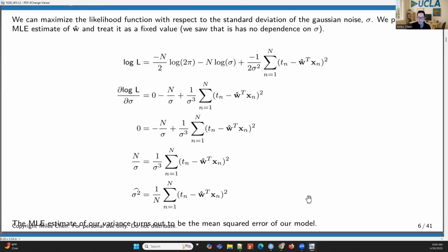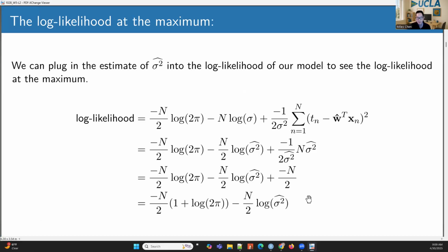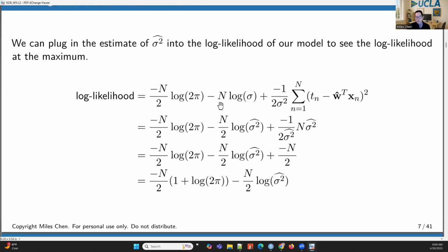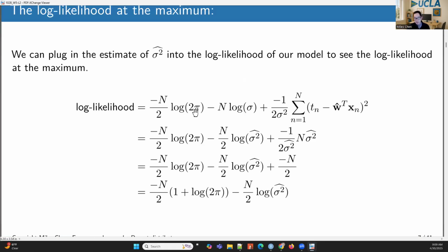Then what we can do is plug our estimate of sigma squared back into the log likelihood, and see what the log likelihood is at the maximum. So our log likelihood is this, and I'm going to plug in our estimate of sigma squared.